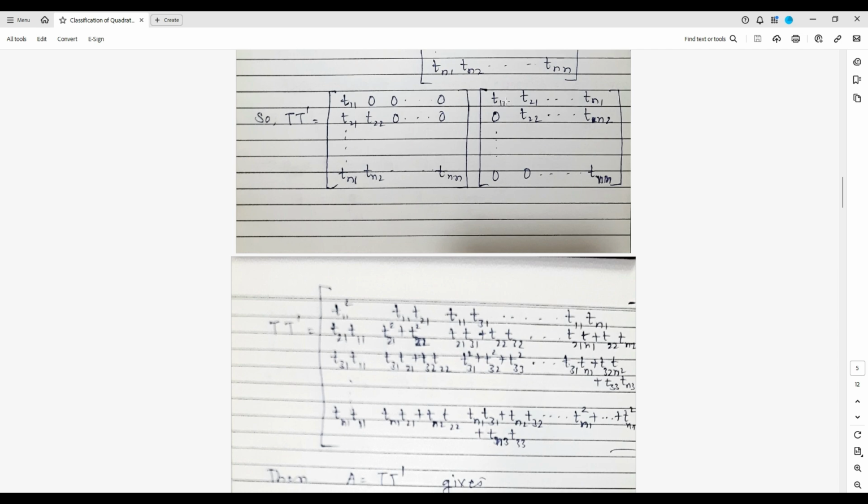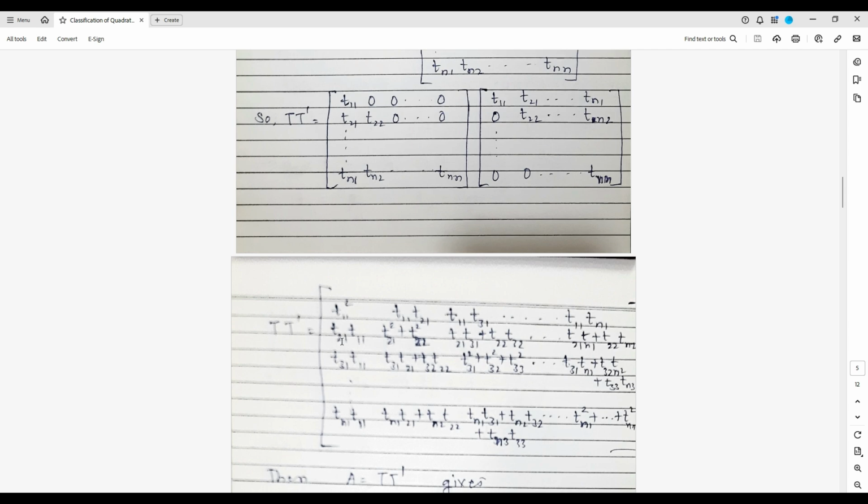The second element onwards need not be taken into account because here all are zeros. So T11 into T21 would be the second element in the first row of the product. Similarly, T11 into T31 would be the third element and so on. The last element in the first row would be T11 into Tn1.